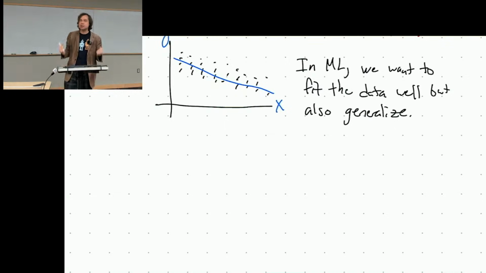How could we possibly know that in a mathematical way, that something is not generalizing well? Any ideas? Yes? The power of the function that it's using. Tell me a little bit more about that. That's interesting. So if your highest coefficient was like to the 16th power, you're probably overfitting.